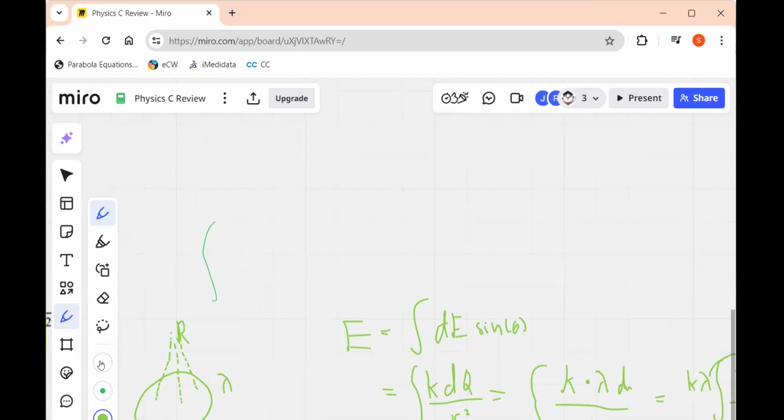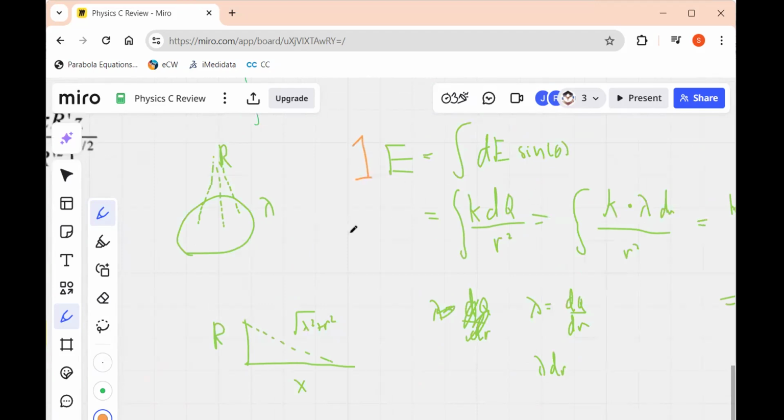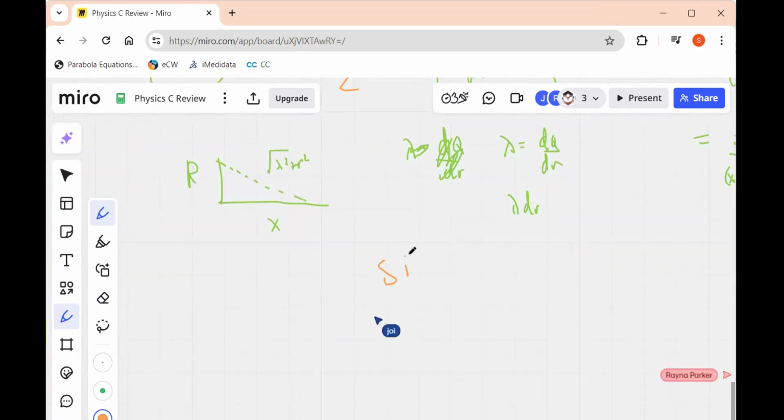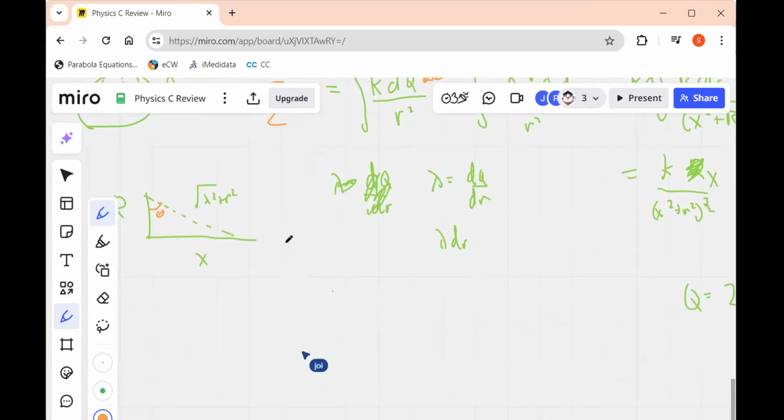So step one, in this case, we either use sine theta, theta being this, or cosine theta, which cosine theta is this angle.